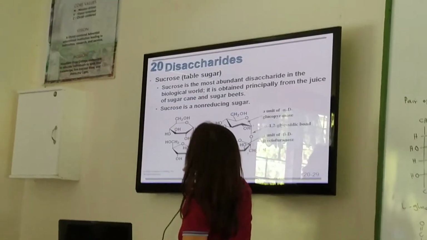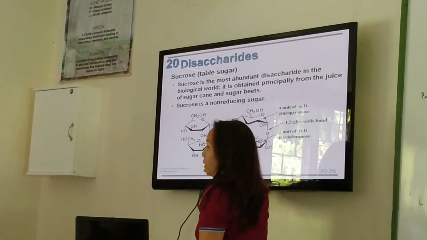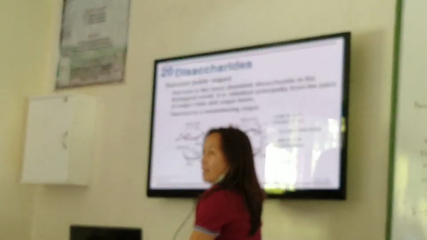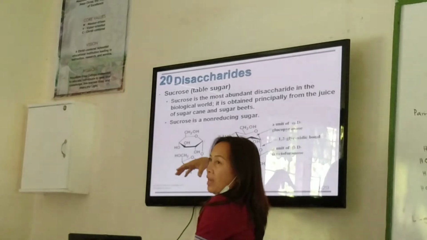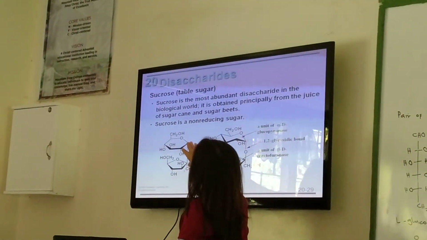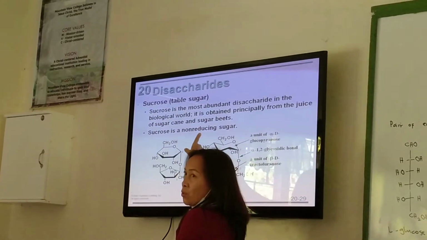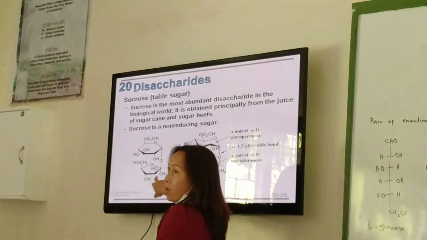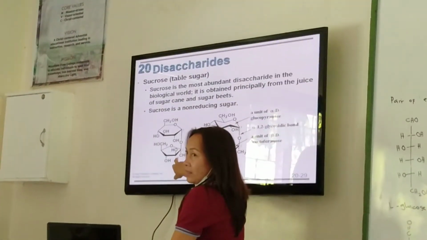Where is now the OH? It's bound. So we cannot see any free hemiacetal group. In other words, sucrose is classified as non-reducing, so it may not react with the oxidizing agent.